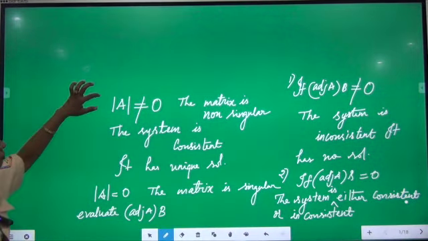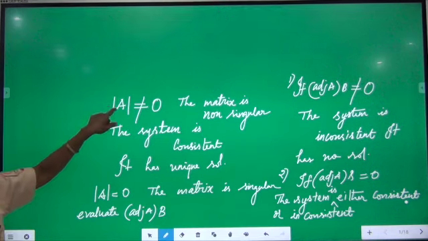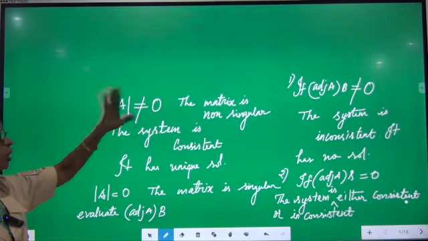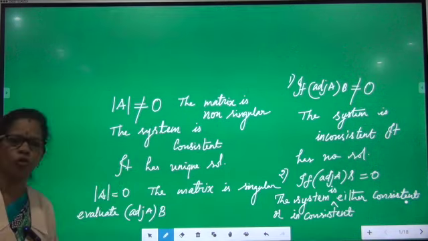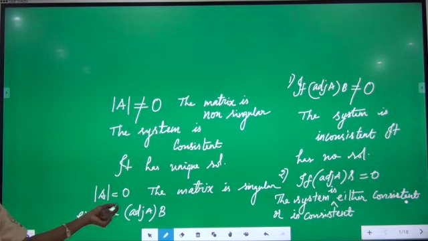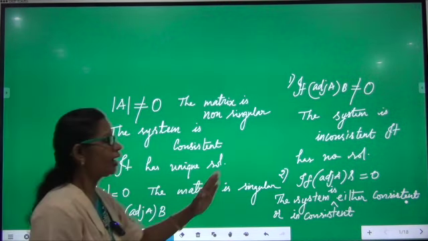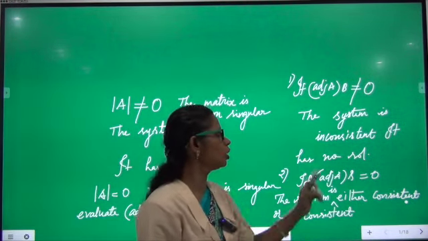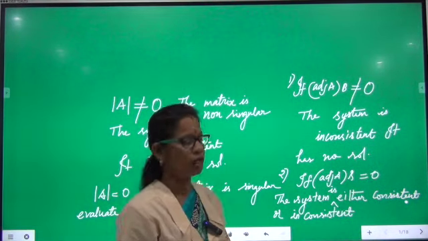Again I repeat, first you have to find the determinant. If determinant A is not equal to 0, you conclude that the system is consistent, it has a unique solution. Suppose your determinant equals 0, you evaluate adjoint of A into B. If it is not equal to 0, the system is inconsistent, it has no solution.